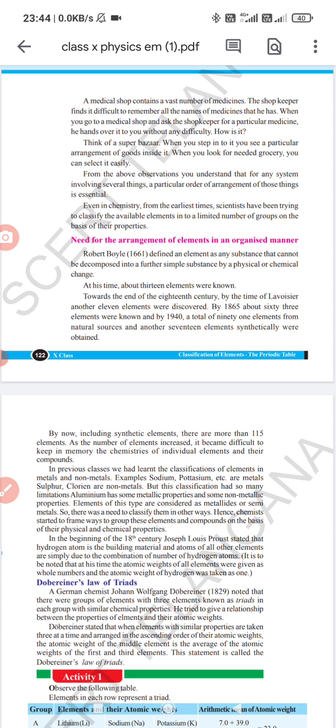We learned in the 8th standard that metals are sonorous, lustrous, and malleable.